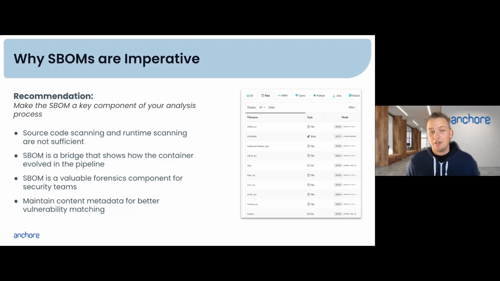So not only will the SBOM change, but now that I have a new SBOM, if I do a vulnerability scan against that during, say, CI, it will look totally different than what you had in source code. And same with runtime. So we like to say SBOM is a bridge that shows how the container evolves in the pipeline.